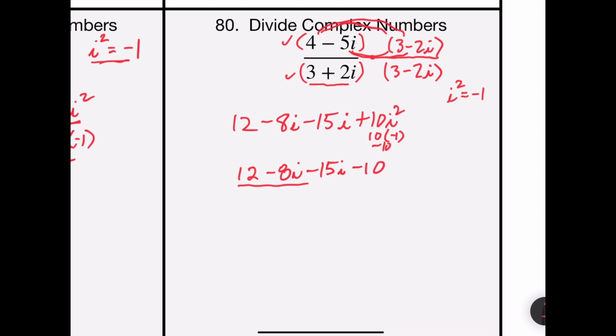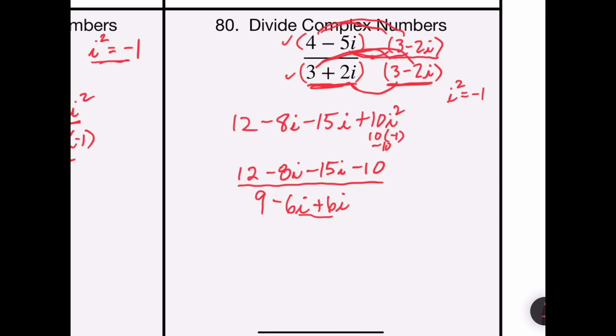Now in the denominator, I'm going to multiply 3 plus 2i and 3 minus 2i, again using FOIL. And since it's a complex conjugate, the middle term should subtract itself out to 0. So 3 times 3 is 9. 3 times negative 2i is negative 6i. 2i times 3 is positive 6i, so these will add to 0.